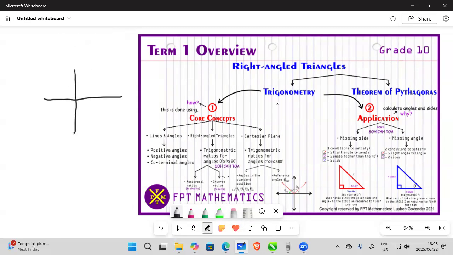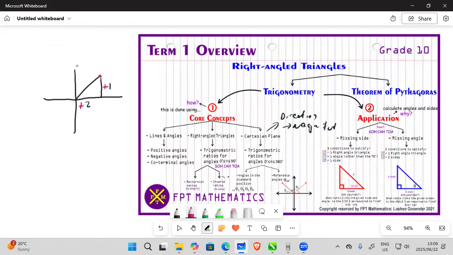Now, with the Cartesian plane, there comes some things that we need to remember there. With the Cartesian plane, we have direction and we have magnitude. So what does this mean now? If I have a point that lies here, there's a point here, right? And if I measure this here to be 2 and 1, we can't just say 2 and 1, because 2 and 1 means this is 2 units and that is 1 unit, which it is, but we have to say plus 2 and plus 1, because this means that this point here lies plus 1 units away from the x-axis, and this lies plus 2 units away from the y-axis.